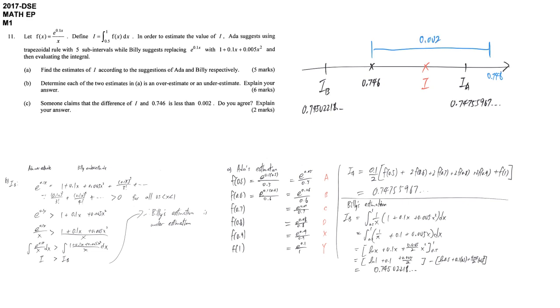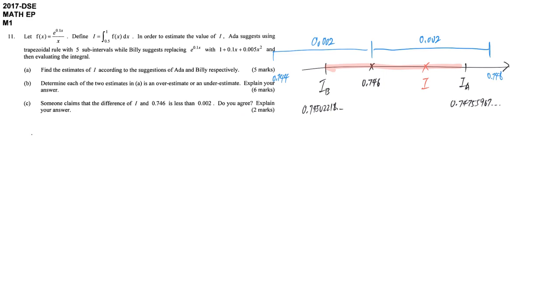Same reason, if we go back by 0.002, this will become 0.744. And our possible region for I is between IA and IB. It won't exceed 0.002. That's why we should agree with the claim that the difference is less than 0.002. When we formally present our answer, we should state clearly that I is between IB and IA.